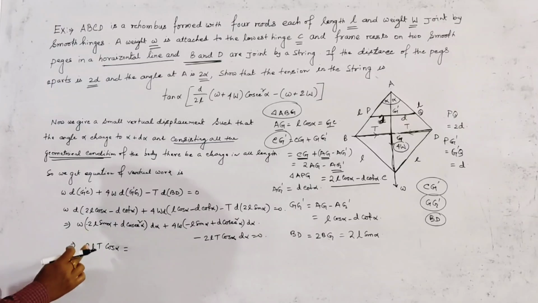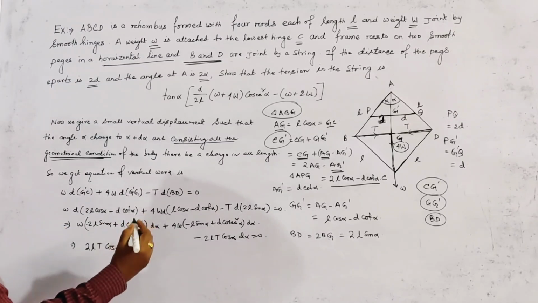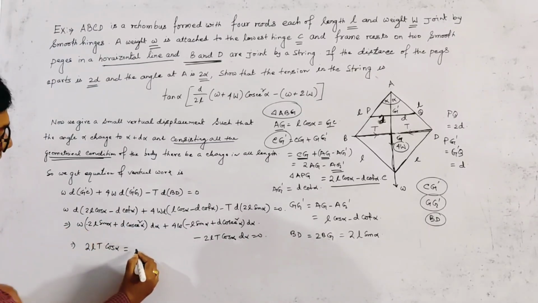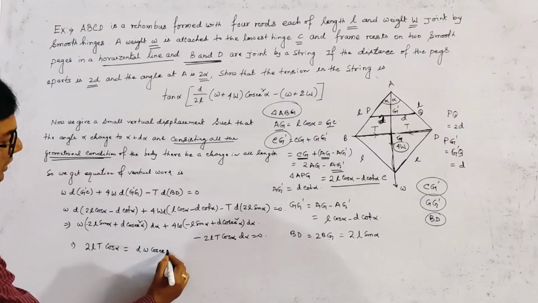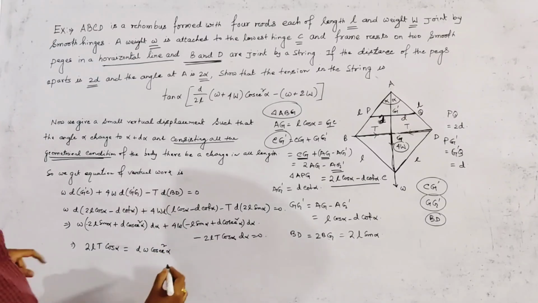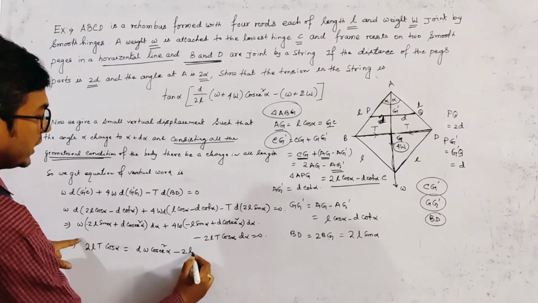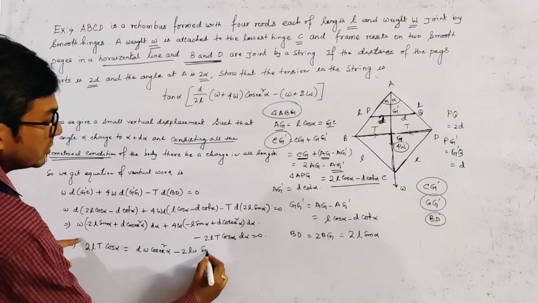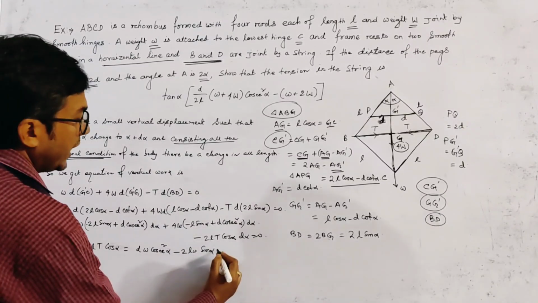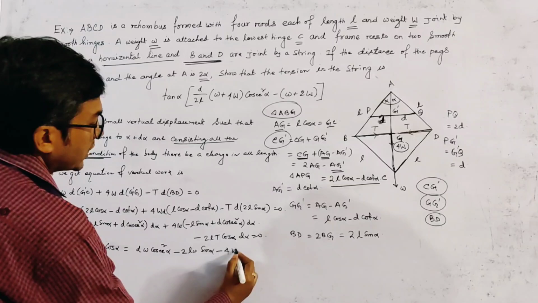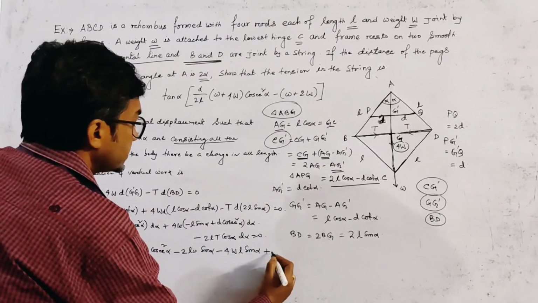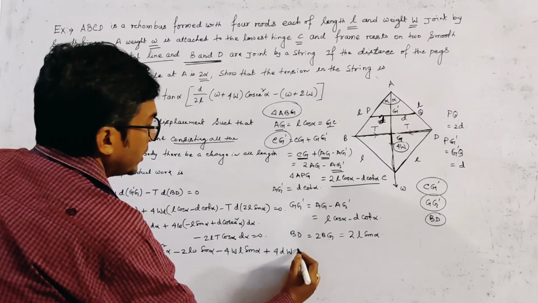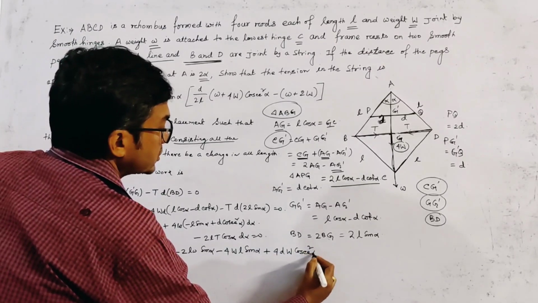Cos alpha we write on the left side, and on the right side we write D W cosec square alpha minus 2L W sin alpha and minus 4 capital W L sin alpha, plus 4D capital W cosec square alpha.